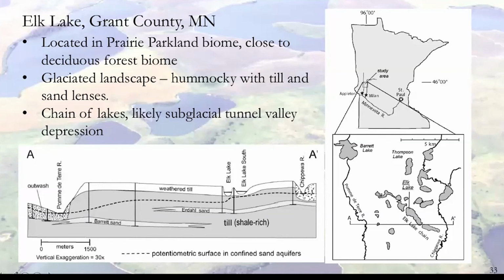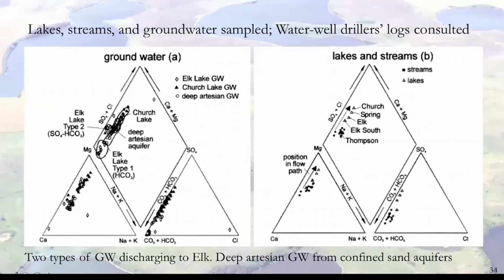And here are the sites sampled under the study. We have groundwater from 2 different locations, streams, and the lake right here. There are 2 types of groundwater that are discharging. One is dominated by carbonate, the other is dominated by sulfate and bicarbonate.